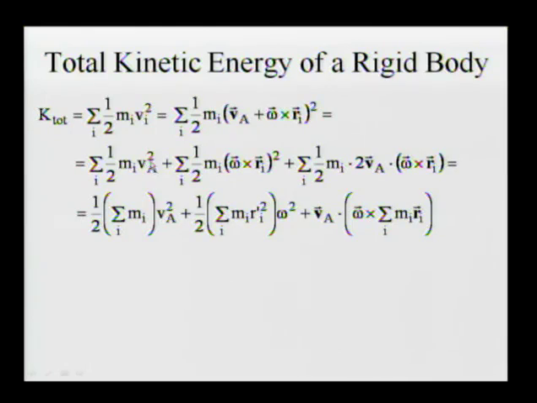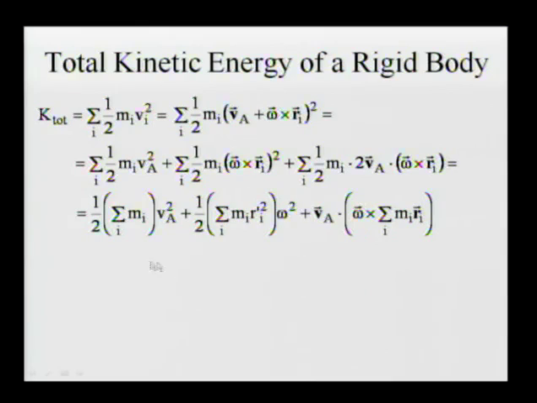Over here we have the square of the velocity of that selected point. It doesn't have subscript i, so I have it outside. Over here, omega is independent of i, so I could take it outside, and 1/2 is independent. Over here, omega is independent, 2 and 1/2 cancel, and v_A is also independent.